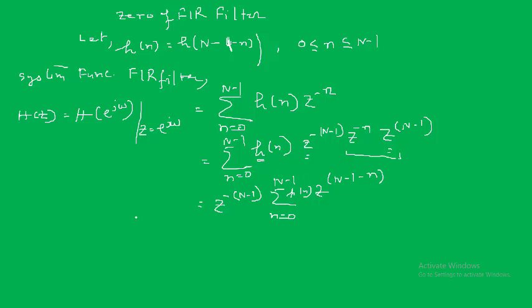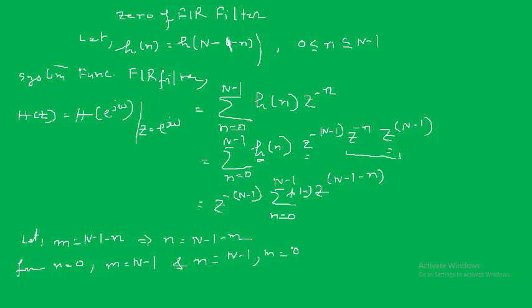Now let m equal to N minus 1 minus n, then this will imply n is equal to N minus 1 minus m. For n equal to 0, we get m equal to N minus 1, and for n equal to N minus 1, we get m equal to 0.